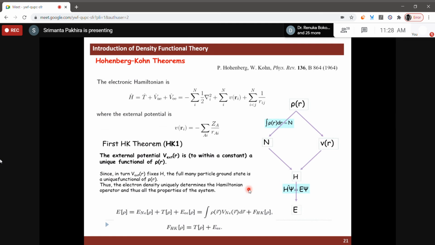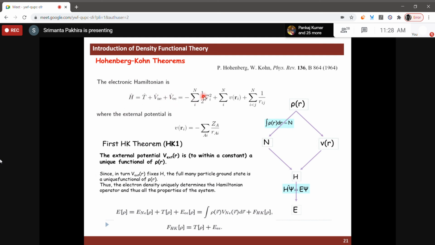Hohenberg and Kohn proposed one theorem. What is the theorem? If you look at the slide I was writing from yesterday, H cap is the Hamiltonian. What is the first part? Kinetic energy of the electron. Then VNE, the interaction potential between nucleus and electron, and the last term is the electron repulsion and interaction part.